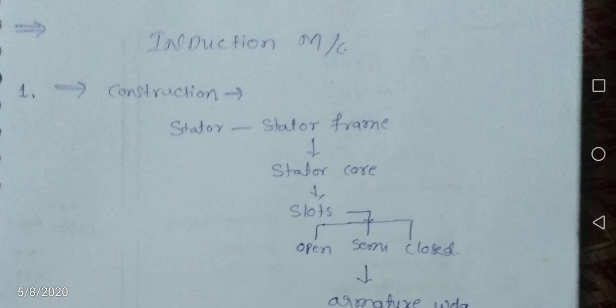After the stator frame, there is a stator core. Here the stator core is made up of silicon steel material, and on the inner periphery of the stator core, slots are placed. In slots, open slot, semi-open slot, and closed slots are there.